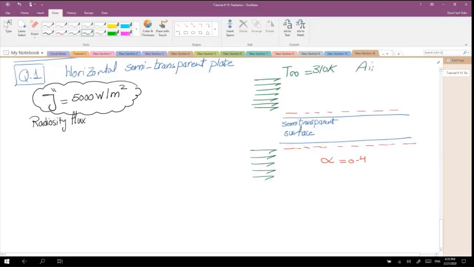Basically this is air flowing over, and h infinity is 50 watt per meter square Kelvin.